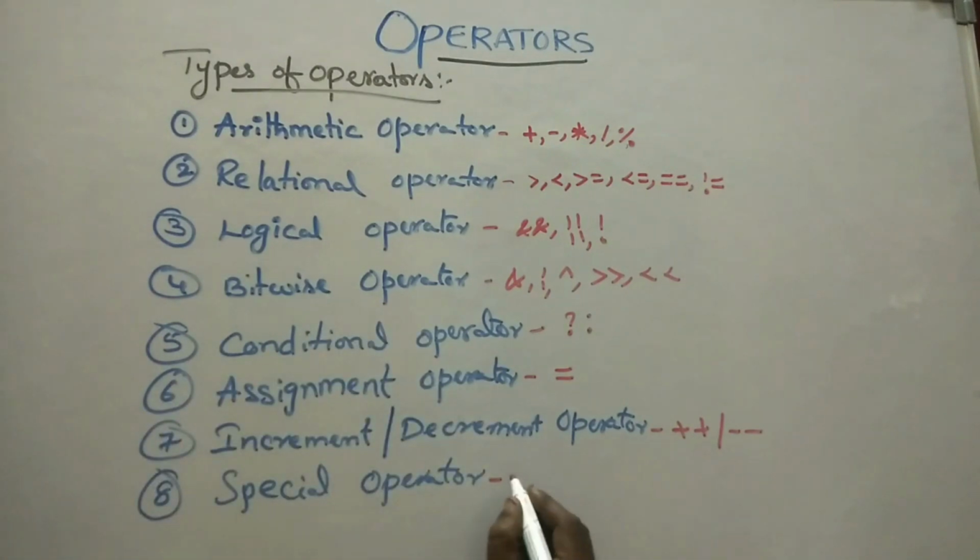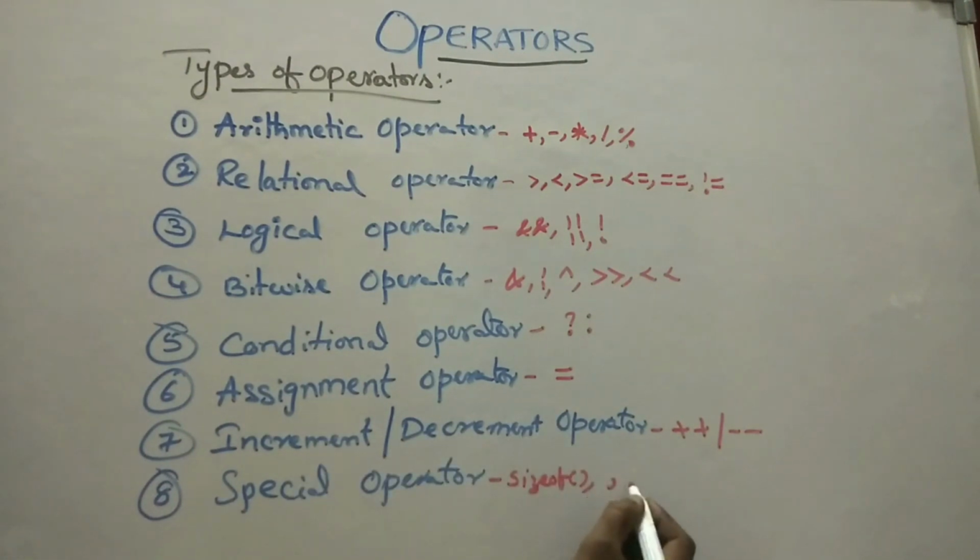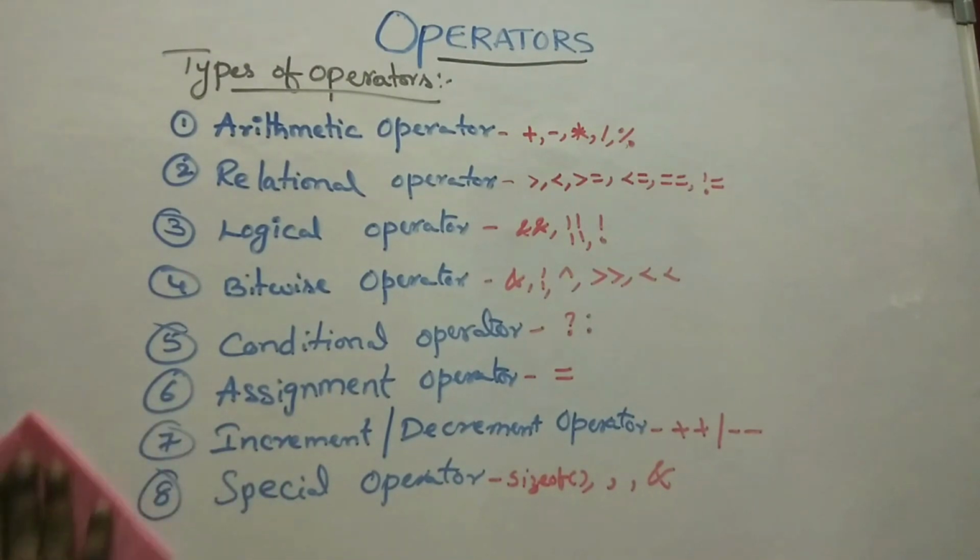The special operators are the sizeof operator, comma operator, and address operator. These are all the different operators we have in the C language. Now I will explain one by one. What are the arithmetic operators, and what type of operations do we perform?